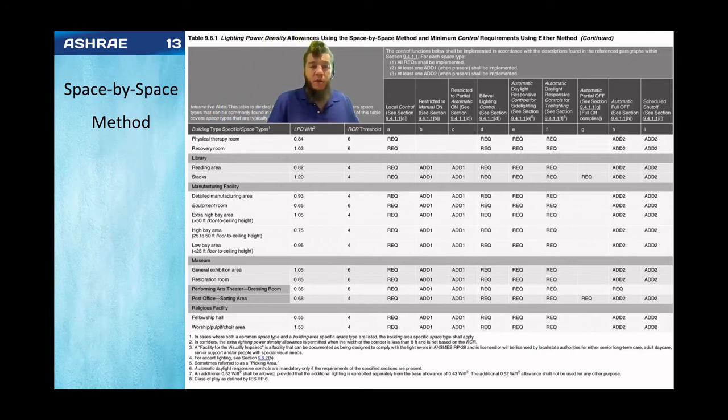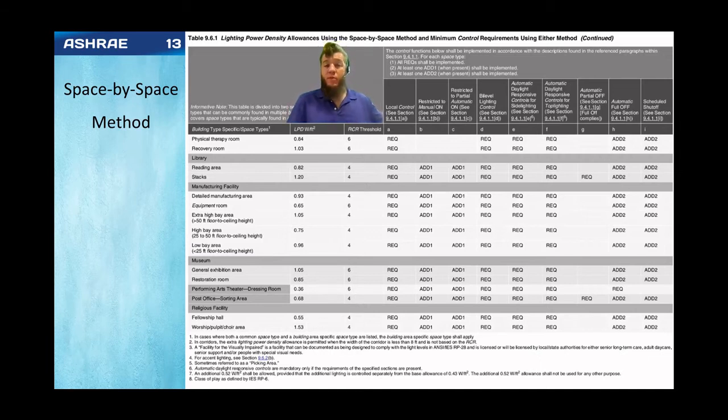And that's going to get you to your lighting power density, specifically in terms of watts per square foot. That's what you multiply with your square footage to get your total wattage. And then finally, over here to my right are the controls requirements.